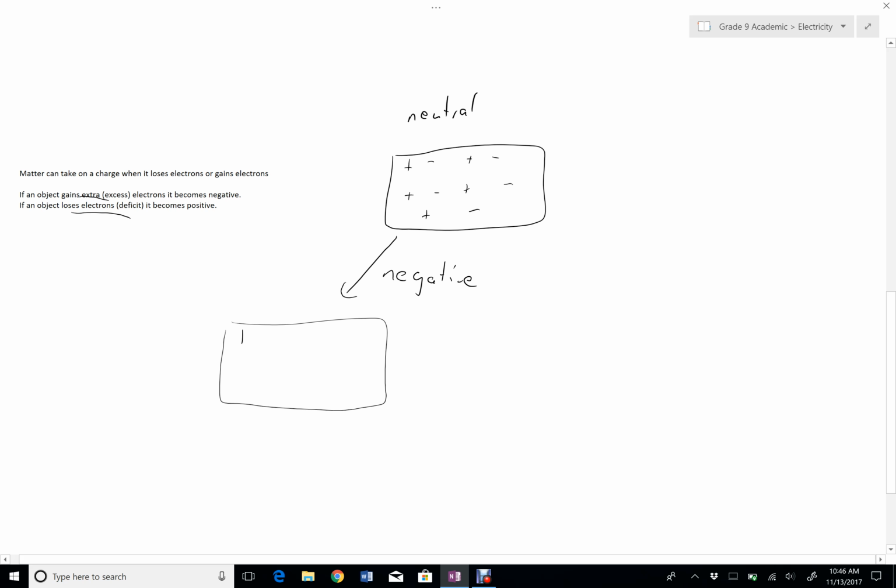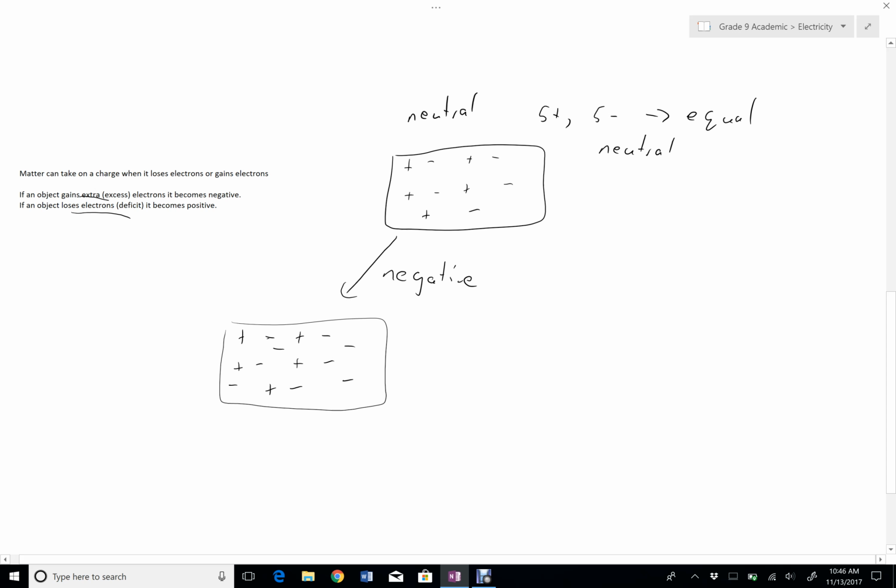So this is what it was in the first place, and I'd add a bunch of electrons there. Here I had 5 pluses and 5 minuses, so they're equal. So this object would be neutral.